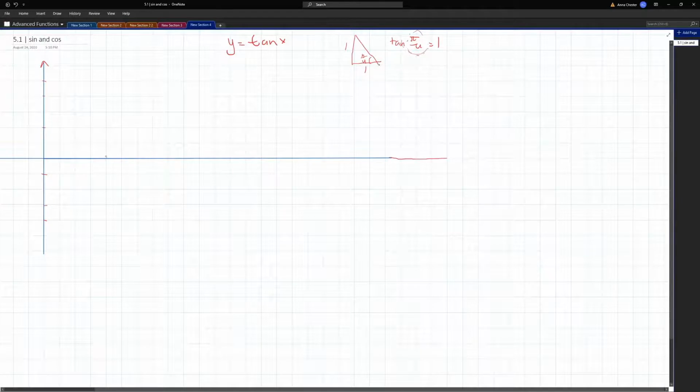For that reason, what I'm going to do is use 8 squares. Or actually, let's go for 4 squares. Pi over 2, pi, then 3 pi over 2, then lastly 2 pi as our domain, or as our x values.